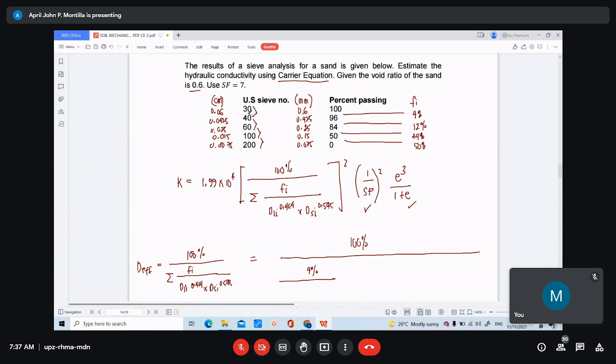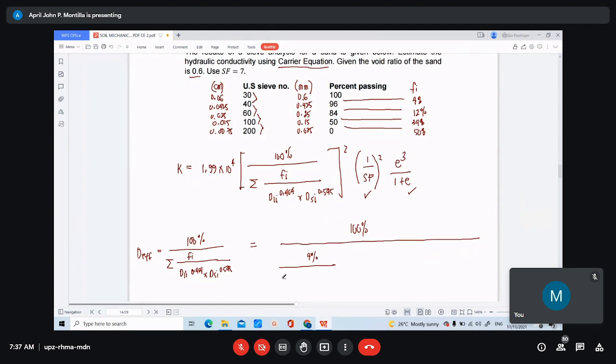Between 30 and 40, ano ba yung mas larger opening dyan? Yung 0.06, di ba? So that is 0.06 raised to 0.404 times DSi, yung smaller sa dalawang yan, which is 0.0425 raised to 0.595 plus, susunod naman natin yung 40 and 60 sieve. Ang Fi nila ay 12%.